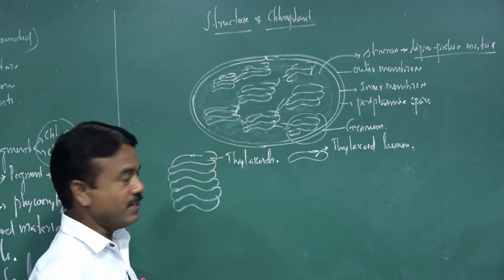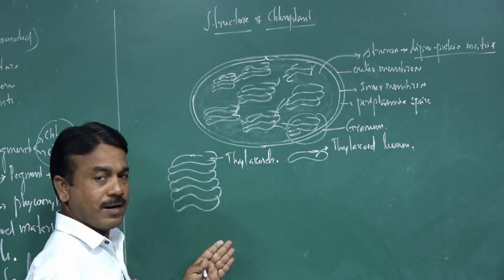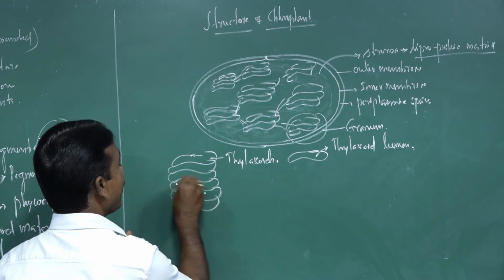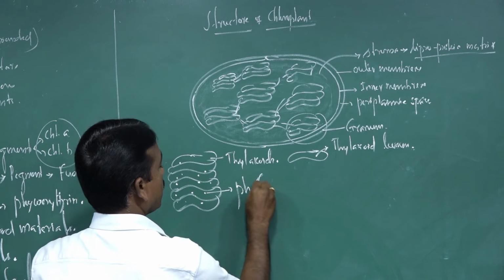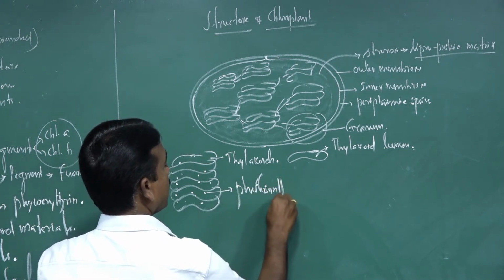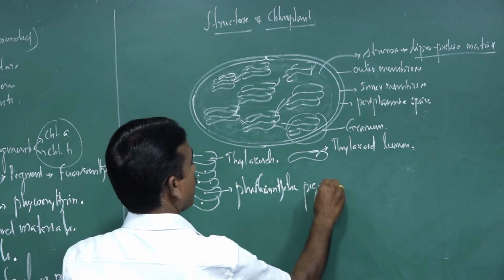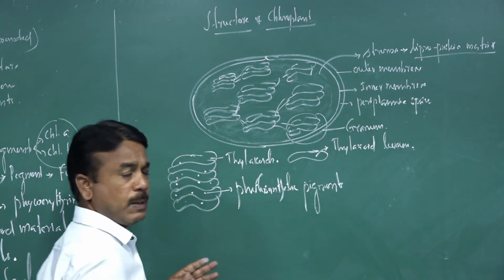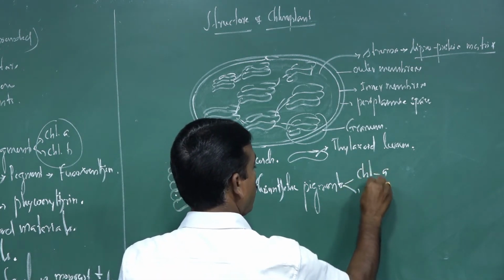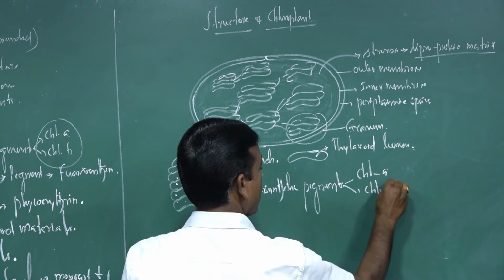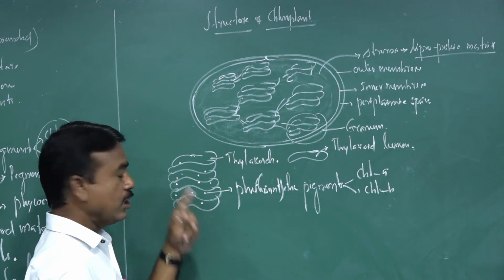The thylakoid contains photosynthetic pigments, namely chlorophyll A and chlorophyll B. Those two are commonly called chlorophyll pigments, and they occur inside the thylakoids.